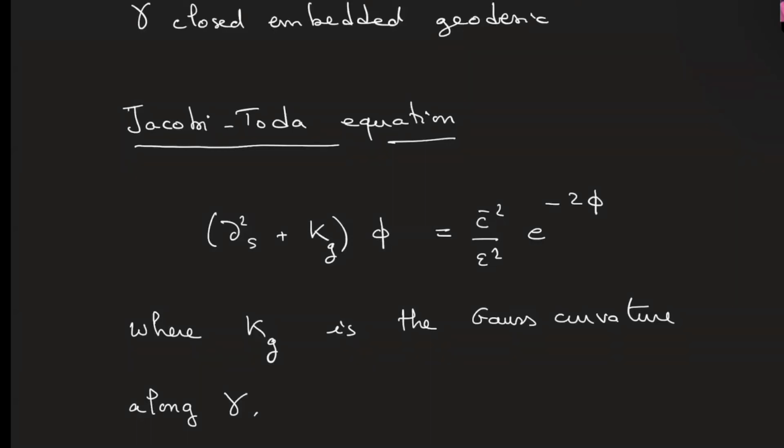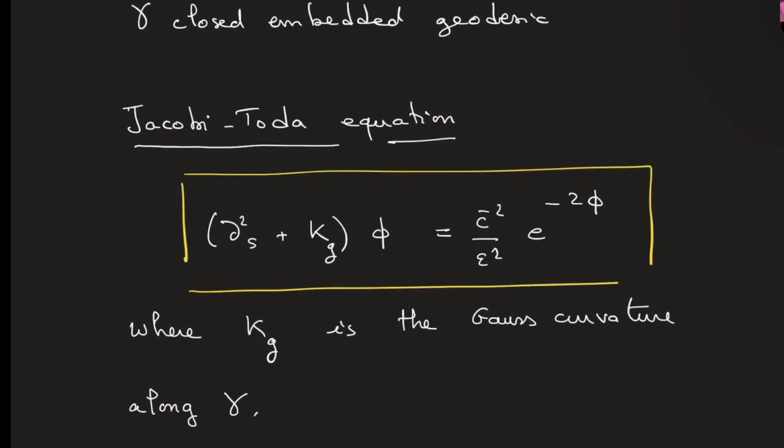So in our case now, the case of surfaces, my minimal hypersurface is just a geodesic. The Jacobi-Toda equation is very simple. It looks like this, much simpler. Now it turns out that the square norm of the second fundamental form is equal to 0.